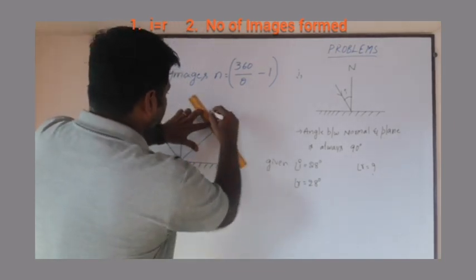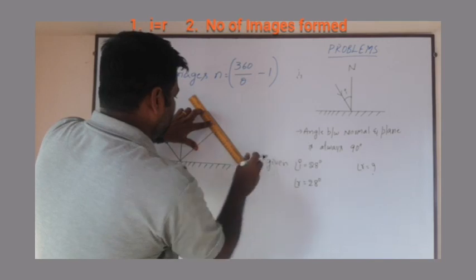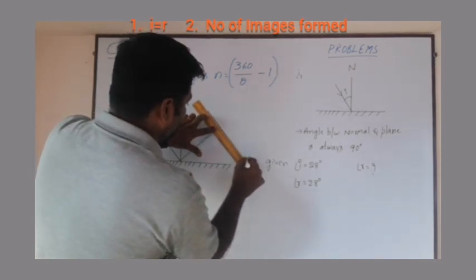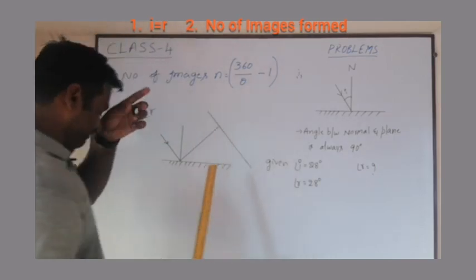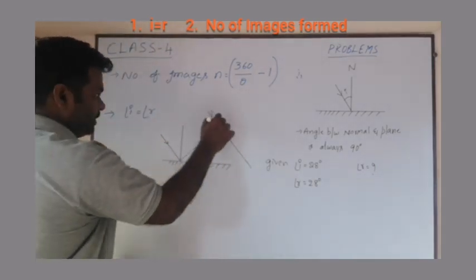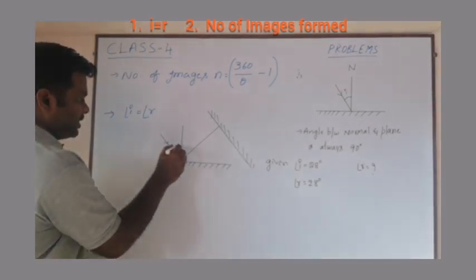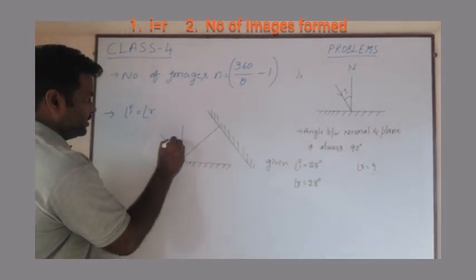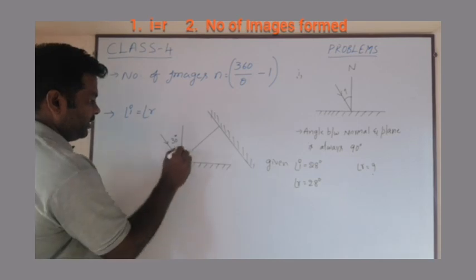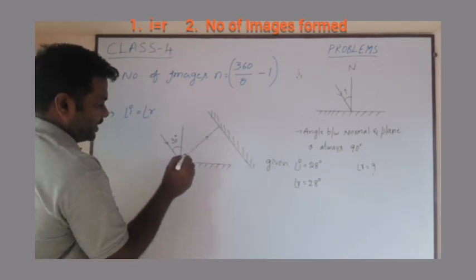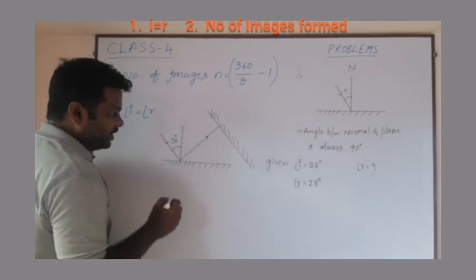Now it is incident on another mirror. Observe it carefully. This is the angle of incidence, equal to 30 degrees, and this is the reflected ray.